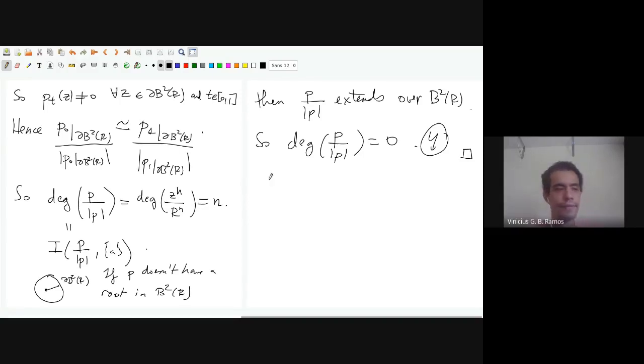Any questions? So one thing that's behind this is the idea of a winding number. So let's talk about winding numbers now. And then a nice application of it will be the Jordan-Brouwer separation theorem.